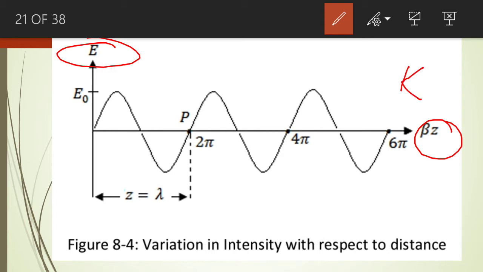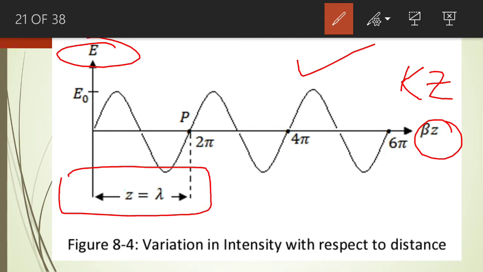This is kz because we represent beta by k. So we get a sine waveform. You see the electric field intensity varies sinusoidally with respect to distance as well. The distance traveled by one complete cycle of the wave is known as wavelength, and wavelength is represented by lambda.